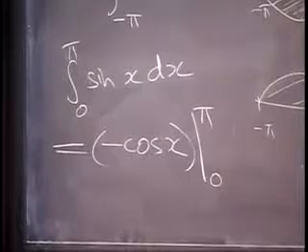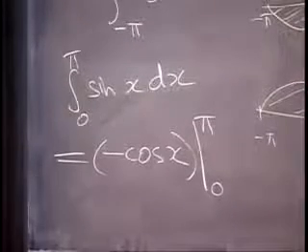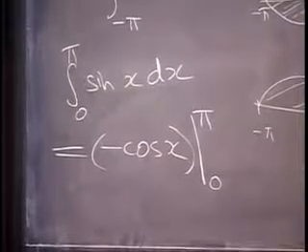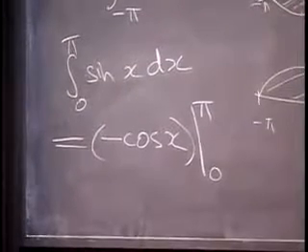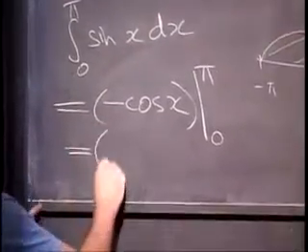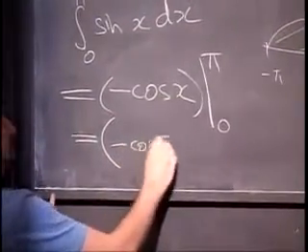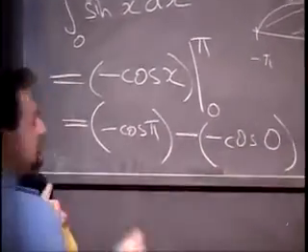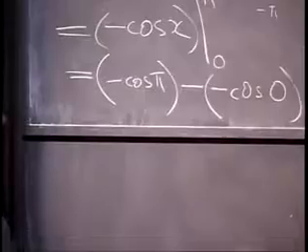That is a very, very common mistake I have seen students make in grading their papers. Integral of sine x is not cosine x. It's negative cosine x. Anyway, so if you put minus cosine pi minus cosine 0, cosine of pi is minus 1.